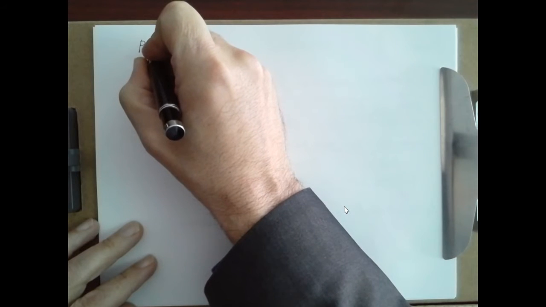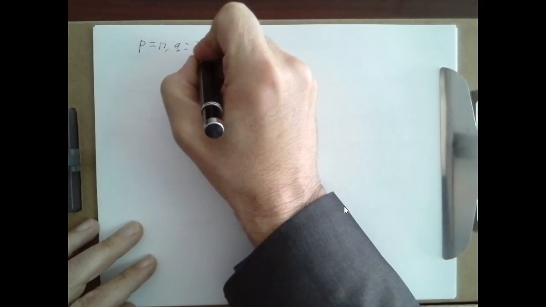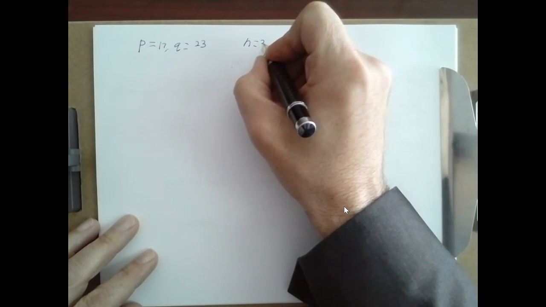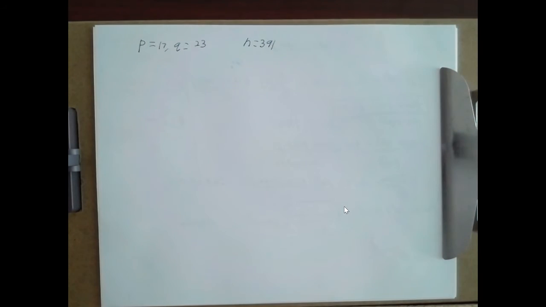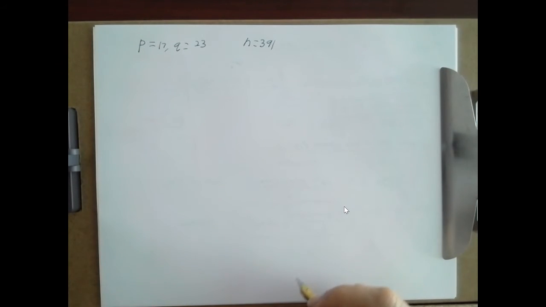So I'm going to pick, for example, P equals 17 and Q equals 23. And so their product, N, is going to be 391. So I can't use a very long message, but I could use basically any number smaller than 391 to be my message.